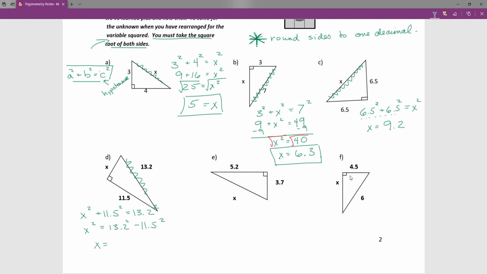And again, I don't generally show all of my work on this. Sometimes I will say that x equals 13.2 squared minus 11.5 squared because that shows what my thinking is at least, but I rely on my calculator to do that work for me. So my answer would be 6.5 in this one. The other ones I'll set up, but I'll stop talking.